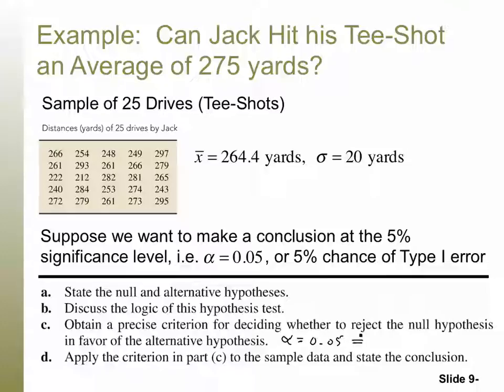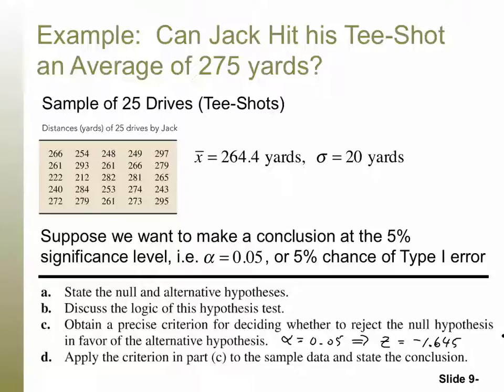We came up with a breaking point. Our criteria was a z-score based on a significance level of 0.05, where it was kind of the dividing line of rejecting or not rejecting, and we came up with -1.645.